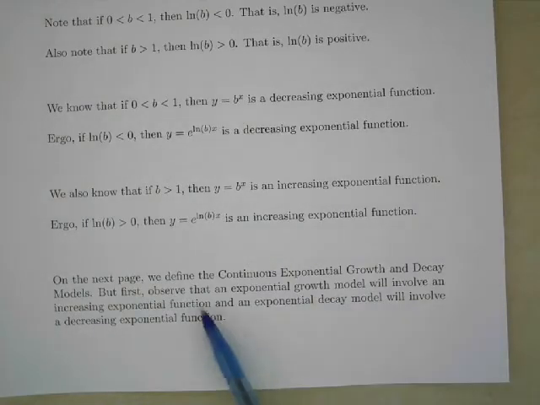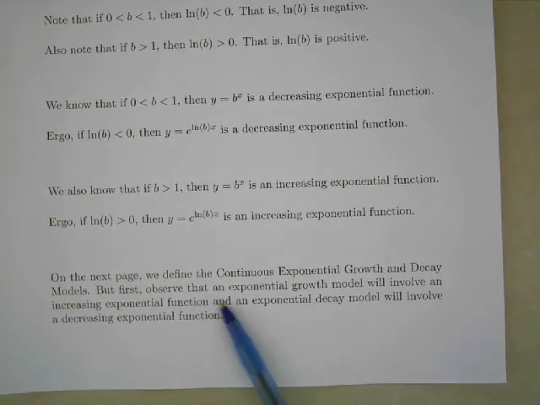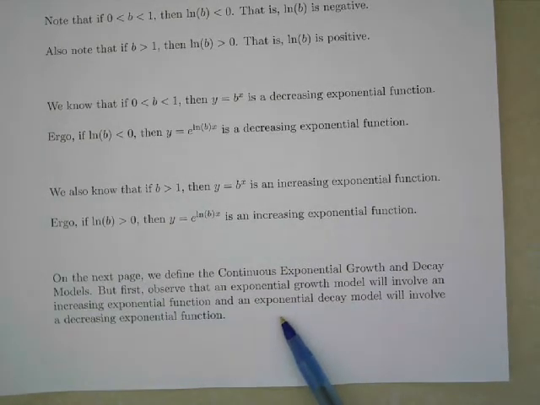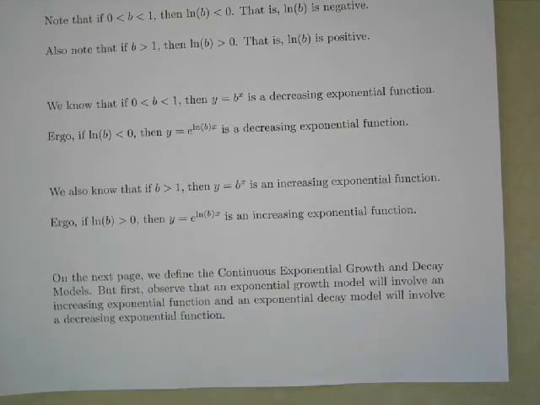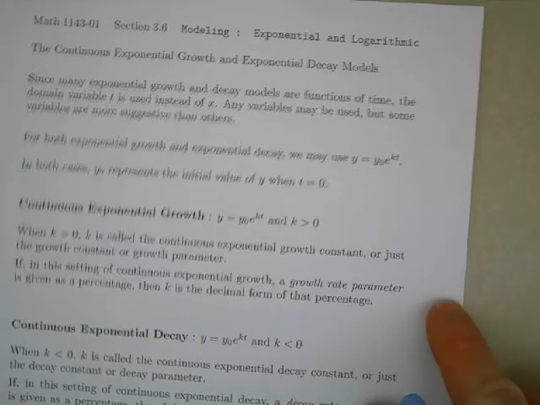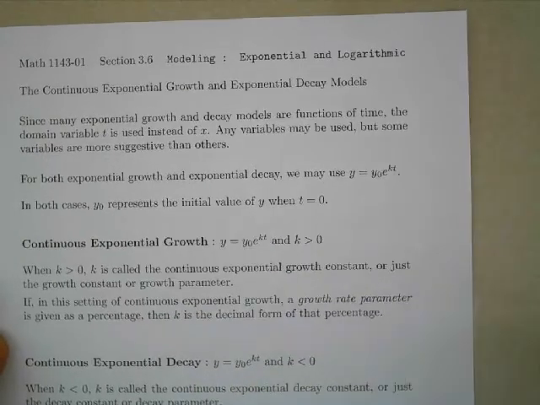But first, observe that an exponential growth model will involve an increasing exponential function, and an exponential decay model will involve a decreasing exponential function. That is just a statement of the obvious. We'll continue then.